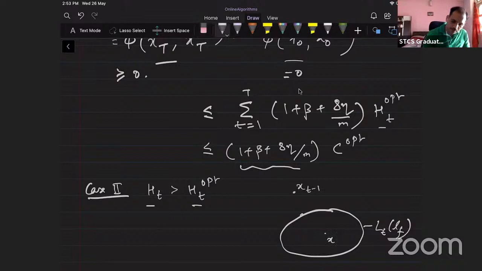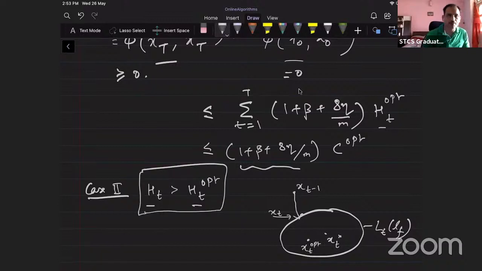Somewhere this is XT star. And the projection will be on the boundary. Let's call this XT. Correct? XT star is inside. And where is XT OPT? That's the question. If HT is greater than HTOPT, where is XT OPT with respect to XT?